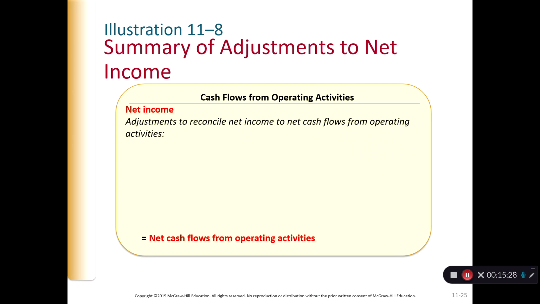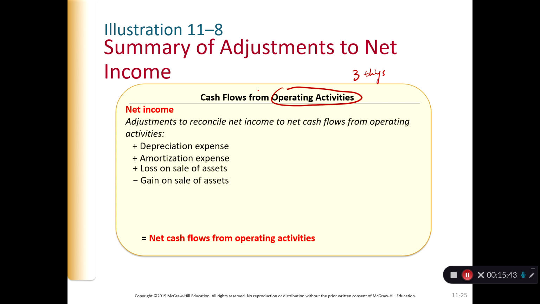Let's continue. Look at this. To adjust the operating activity, there are three things that you need to take care of. The first thing is to remove non-cash items. You need to take non-cash items out of net income, because net income includes both cash-related and non-cash-related revenue and expenses, right?